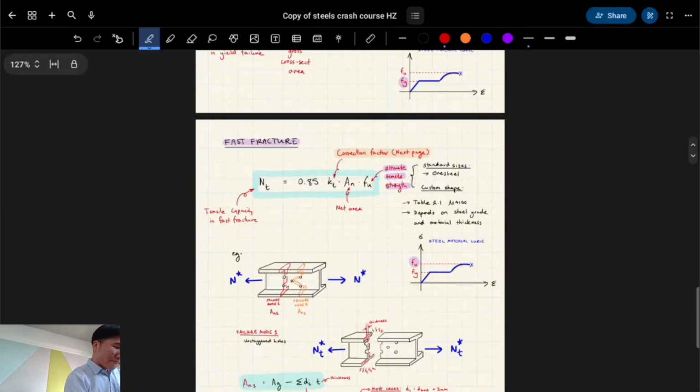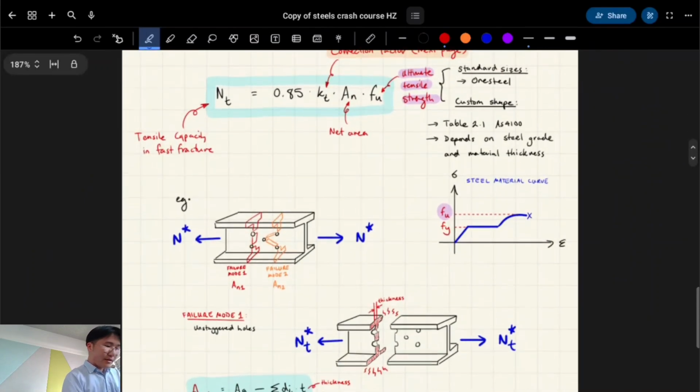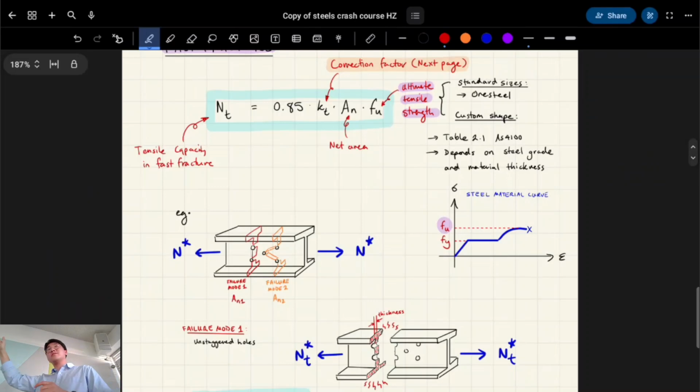Let's go to fast fracture. If we have bolts running through our steel section, there's going to be holes in our section because we need it to connect to another steel member. Why do you think the holes might cause fast fracture?